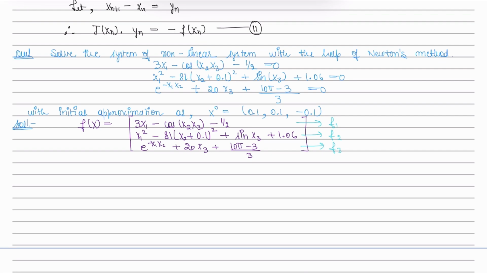The next thing for the Newton's method is to find the Jacobian matrix for this system.